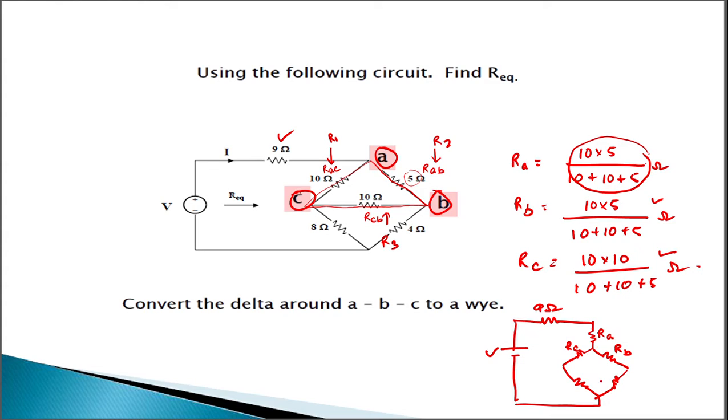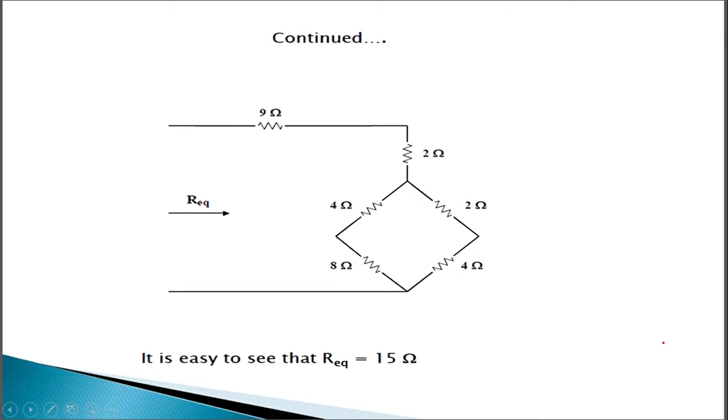Now here we have got 8 ohm resistance, and here we have got 4 ohm resistance. So after calculation, we can see that this RA value becomes 2, this RB value becomes 2 again.